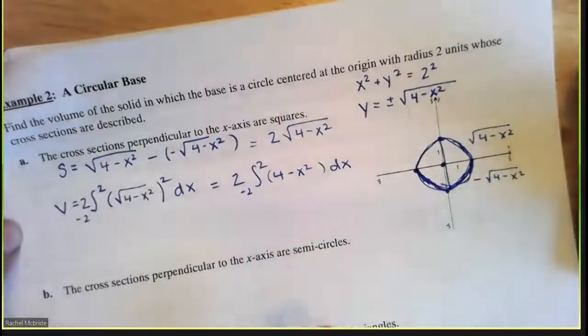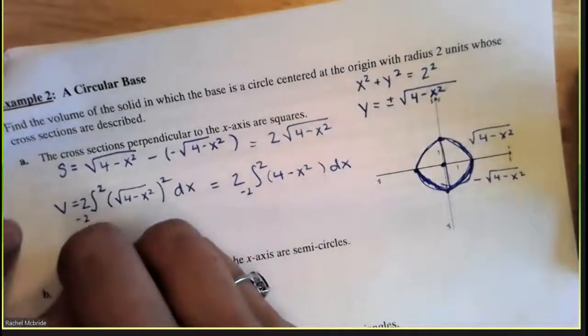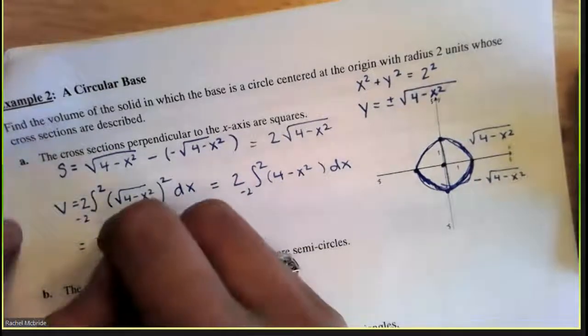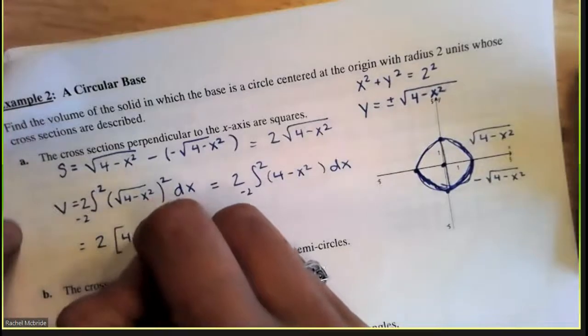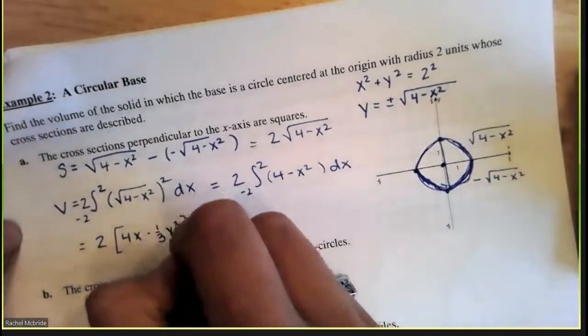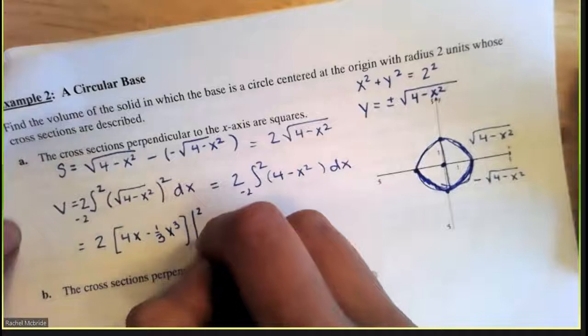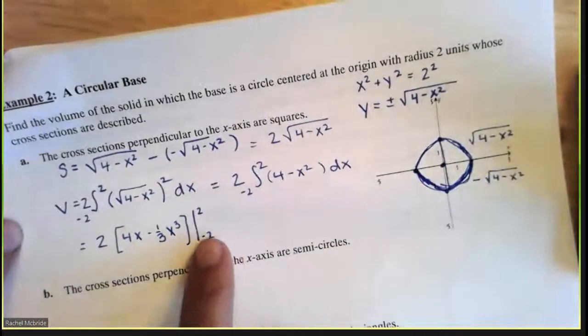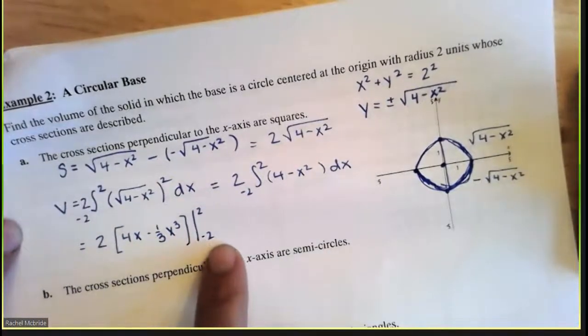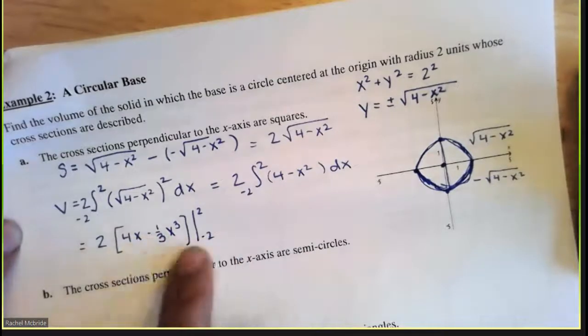And now we're just taking the integral of a quadratic. What makes these ones a little worse is that now it doesn't start at 0, it starts at negative 2, so you have to plug in negative 2 also.